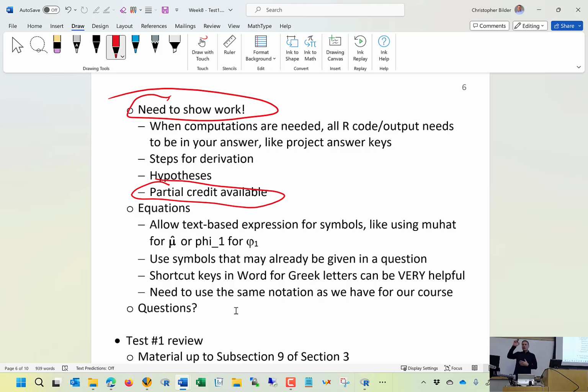And I can see what you did. I think, oh, okay, you just misplaced the p and q. Okay, I'll take off a few points. Rather than if you didn't have that at all and stated a moving average 1 model, it makes me think, okay, there's something else that's going on wrong here. And I would take off more points. That's maybe not the best example, but hopefully you get the idea. Show your work, and why it's important.